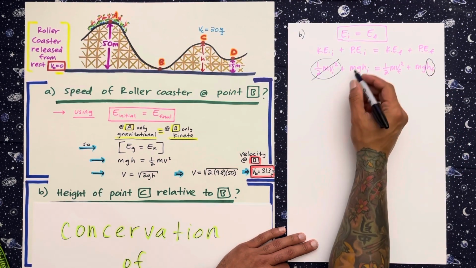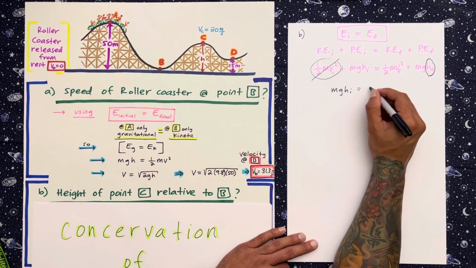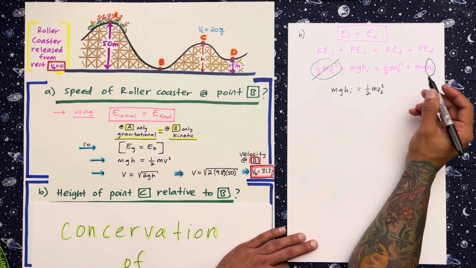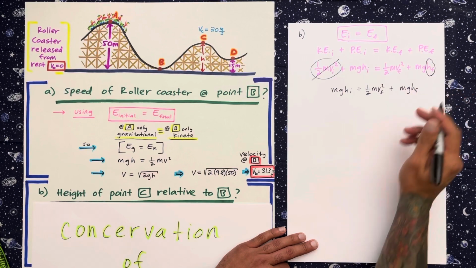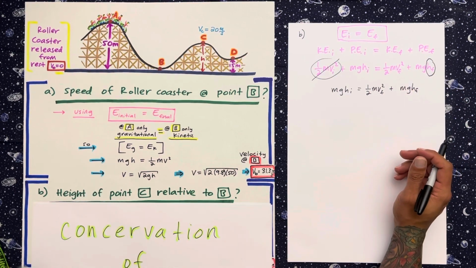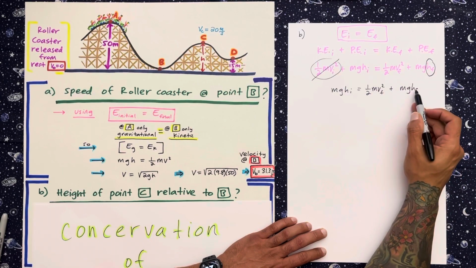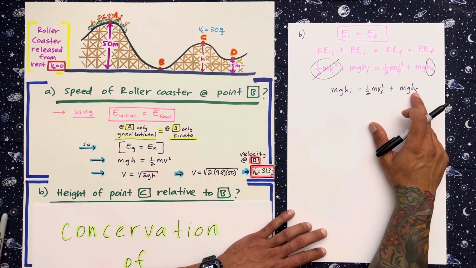So what do we have left? We have mg h initial is equal to 1/2 mv squared final plus mgh final. And so what we're looking for is height final. So the height of point C relative to B. So we're looking for height final. And what's that going to be?